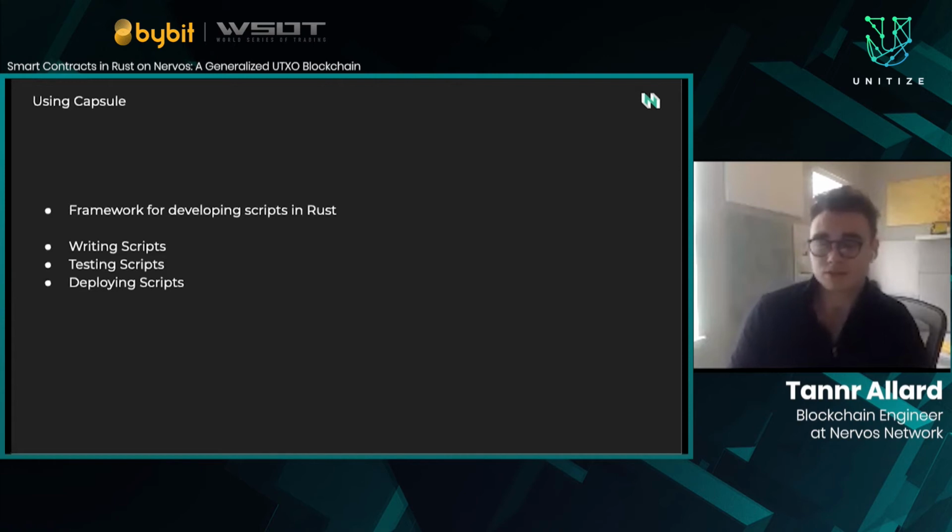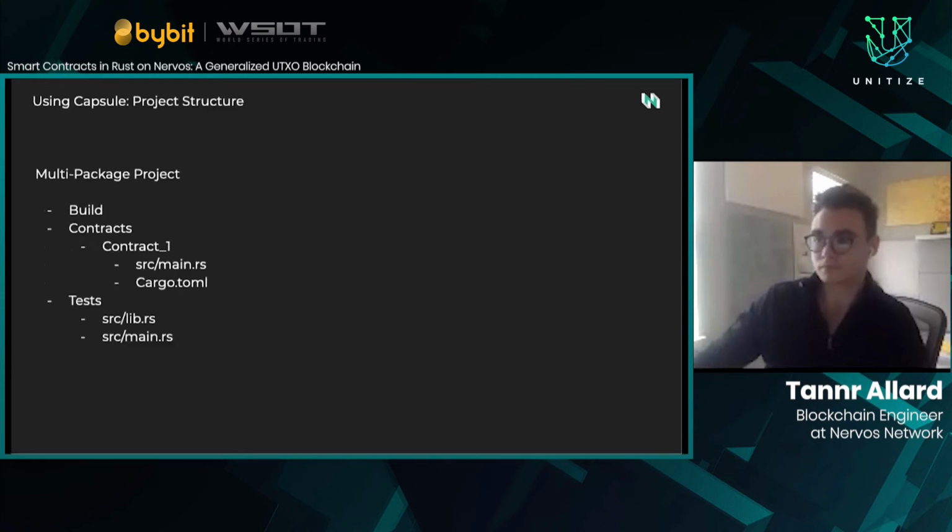You can write tests for those scripts, and you can also deploy those scripts to a local developer chain, testnet, or mainnet, all from Capsule. And Capsule creates a couple different modules for you. And we'll see this itself, but you'll have the build for the contracts that you actually compile, the contracts module where you actually develop your contracts, and then the tests.